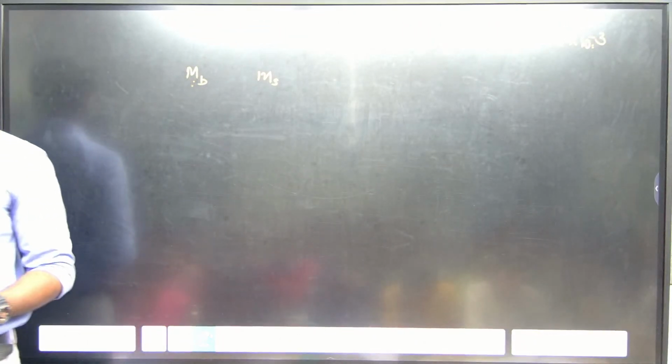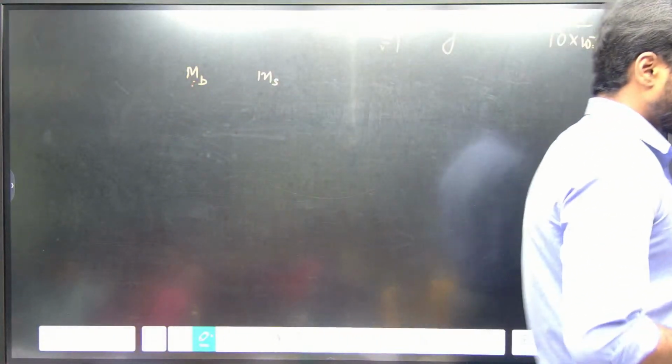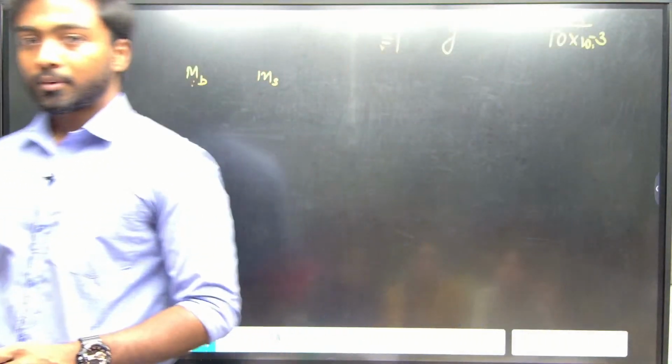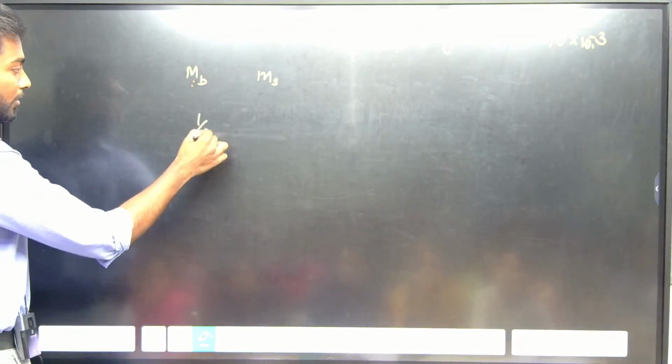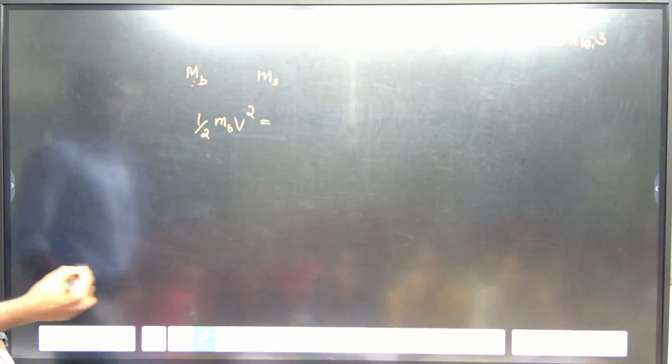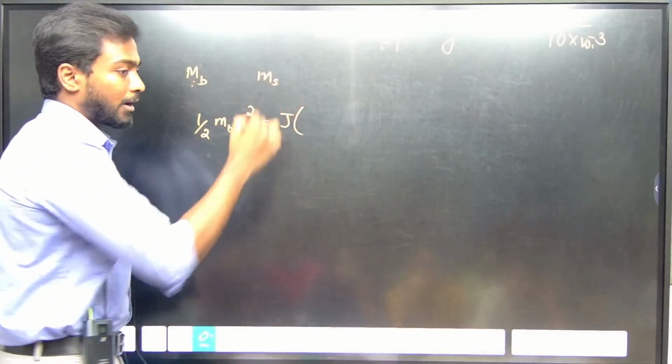So fired in the sense, obviously it will go with some velocity v, right? So half of mb v square should be equal to J times ms c delta T, since it's a metallic slab.